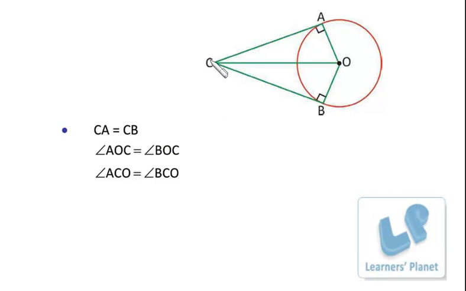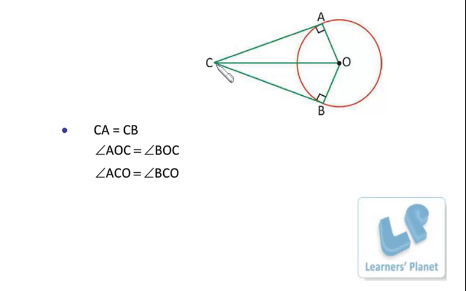From an external point, over here we have an external point C, if we draw two tangents on the circle, that is CA and CB, then both of them will have the same length. From a common point, if we draw two tangents on a circle, then the lengths of both these tangents will be equal.